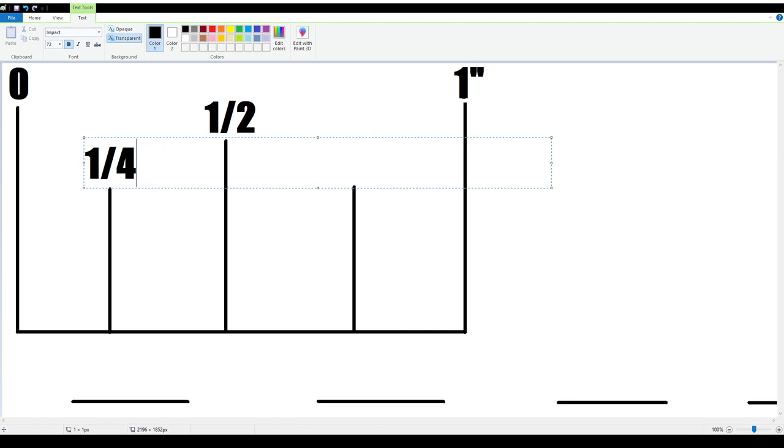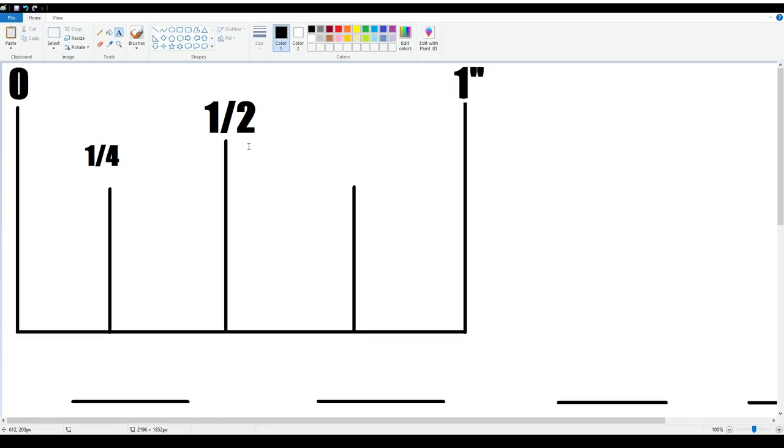Might need to make this text a little smaller as we get a little smaller. Now, just shove that up here. 1/4. Yeah, that'll work. Okay, so half of 1/2 inch is a quarter of an inch. So we have a quarter of an inch down here. We're breaking it down, half of 1/2 inch.